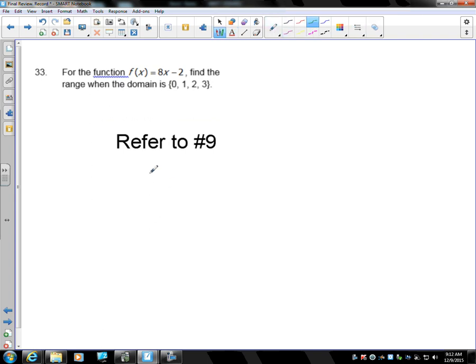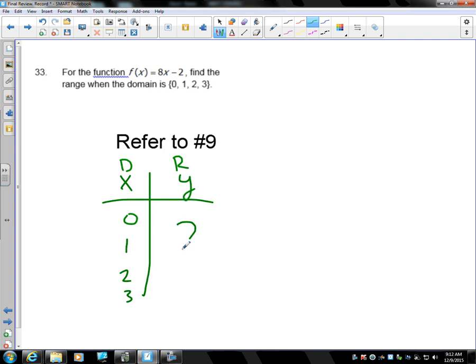Except this time, since we know x is domain and y is range, this time they gave you the domain, which is 0, 1, 2, and 3, and you just need to find the y values. So just put the function into your calculator and then find what the matching y values are, or you can just plug in your x values and then see what you get.